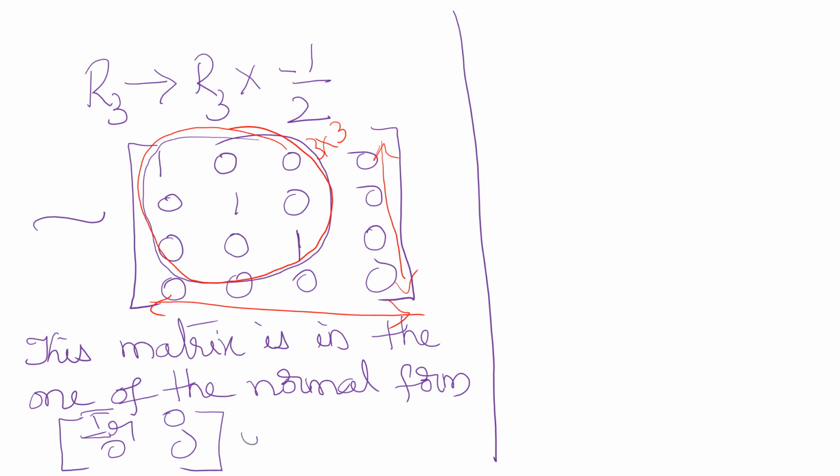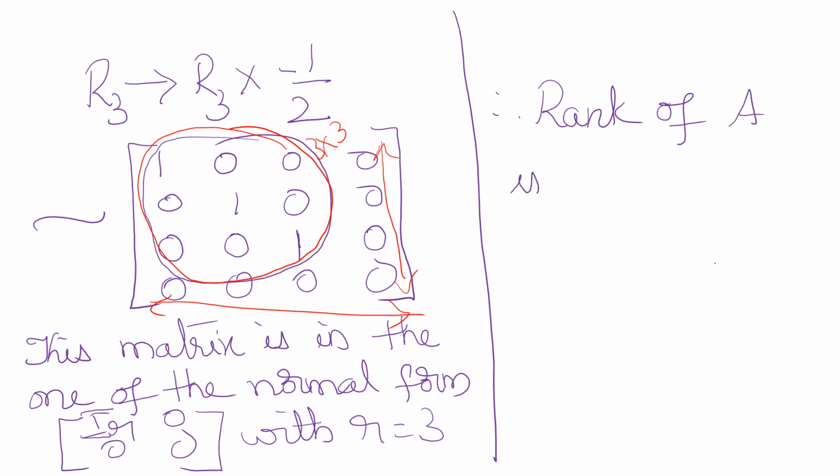So with what is your R? R is equal to, what is the order of the unit matrix here? R is equal to 3. Therefore, rank of A is equal to 3. So this is how you can get the rank of the given matrix by reducing it to normal form.